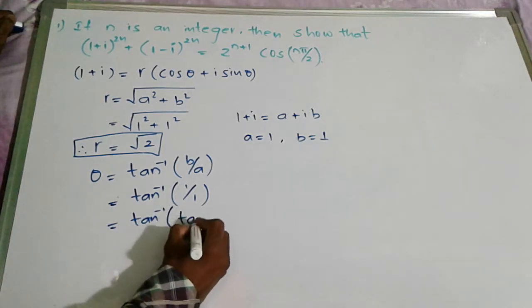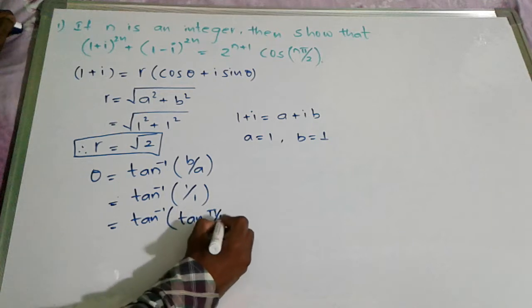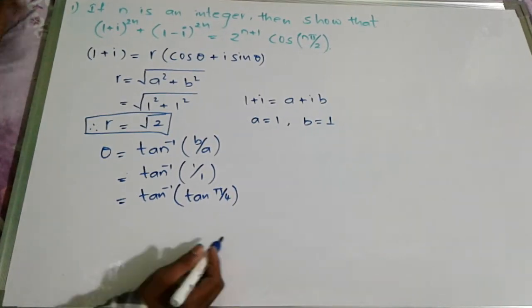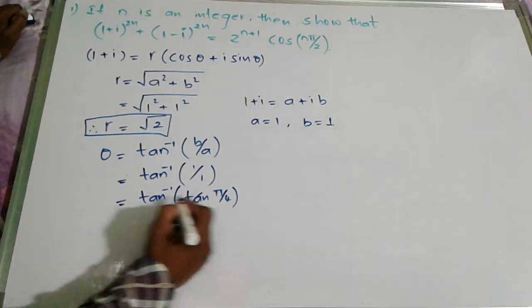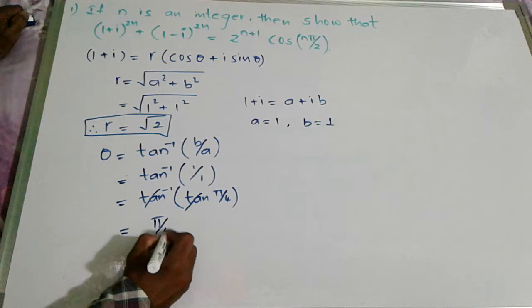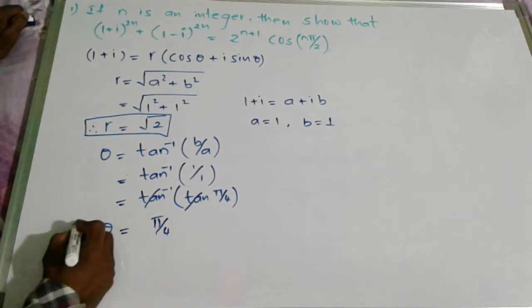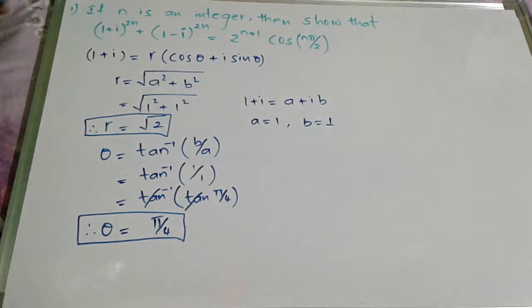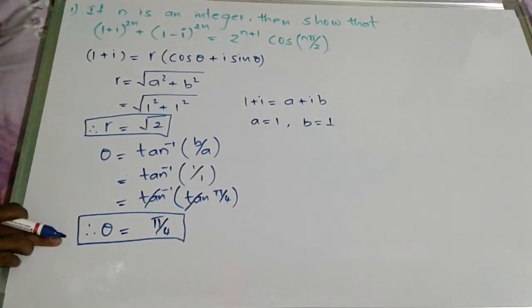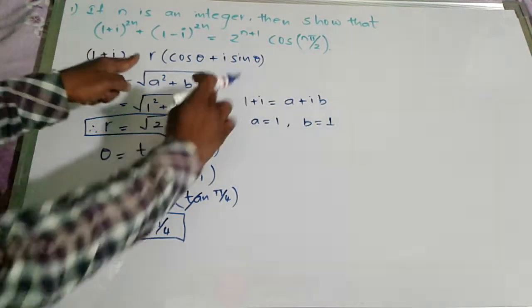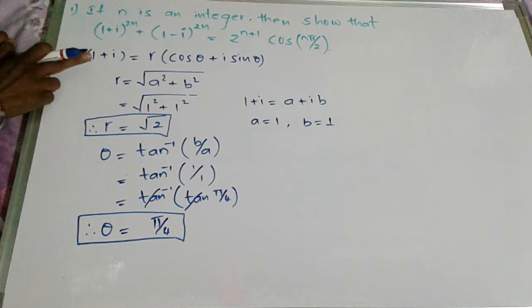We can write tan pi by 4 because tan pi by 4 value is 1, and here tan inverse tan gets cancelled and finally we get theta as pi by 4. So finally we got the r value and theta value. So you have to substitute these two values over here to find the polar form of 1 plus i.